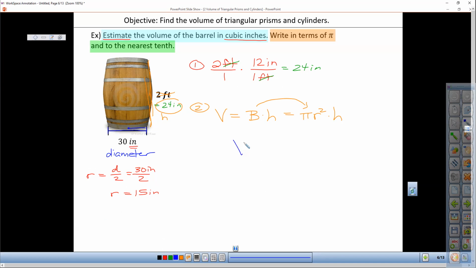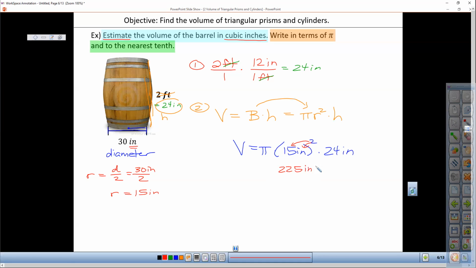So now my volume is going to be pi times my radius of 15 inches squared times my height of 24 inches. Notice how I've written this, 15 inches inside parentheses, and that's because when I square my radius, I am squaring the number 15 and the units of inches. 15 squared, you might know, is 225.